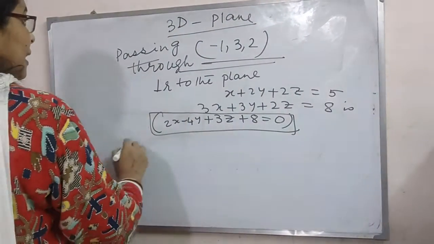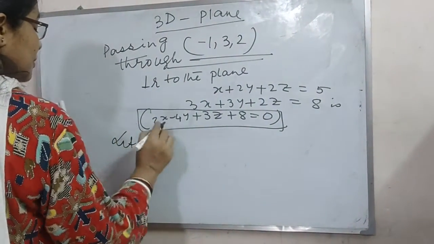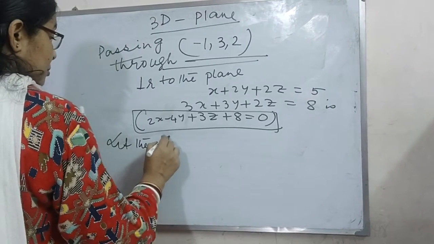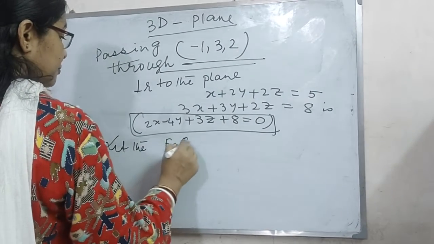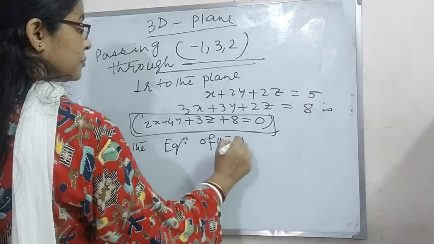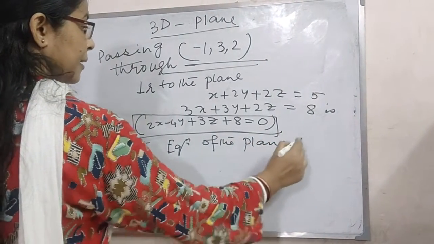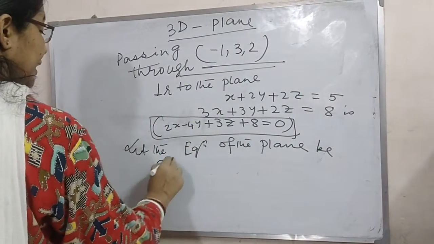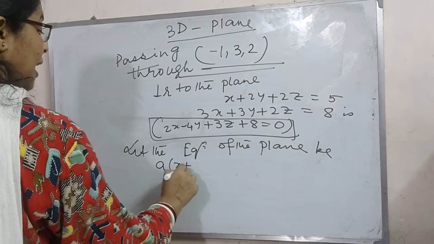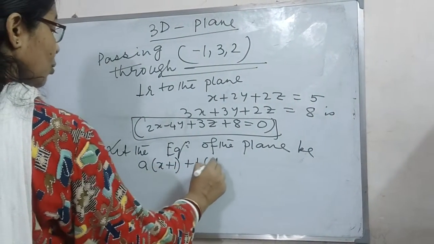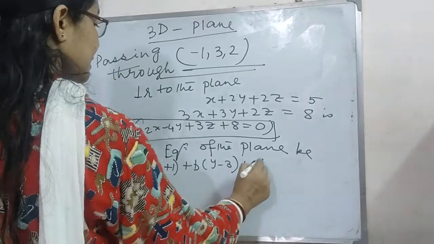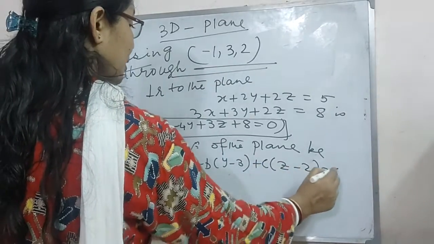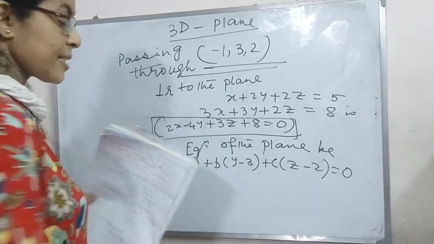Okay. Let the equation of the plane be a(x plus 1) plus b(y minus 3) plus c(z minus 2) equal to 0, where a, b, c are constants.